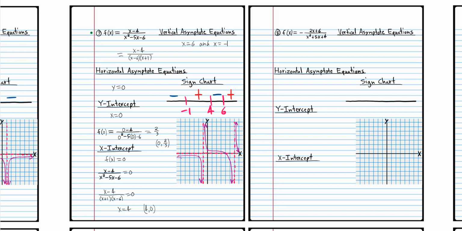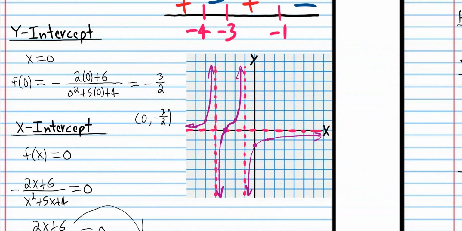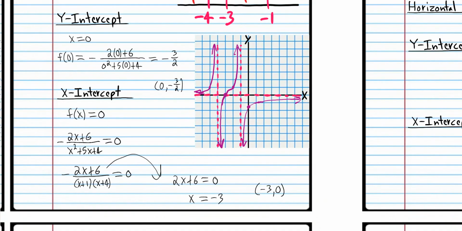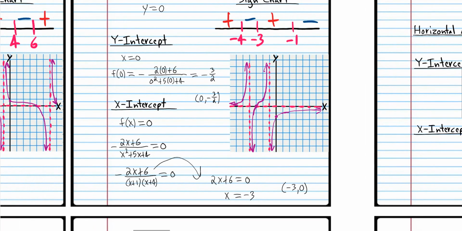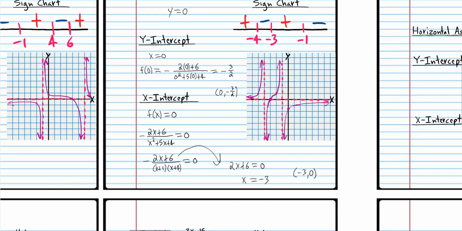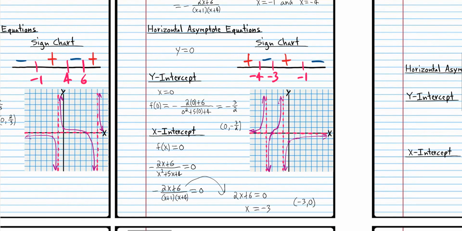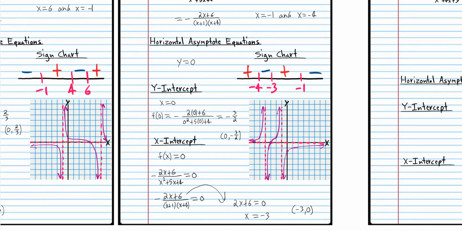Okay, we're back. So that is what the graph looks like. So if you got that right, excellent. So let's double check everything. Make sure it looks right. Everything looks correct.